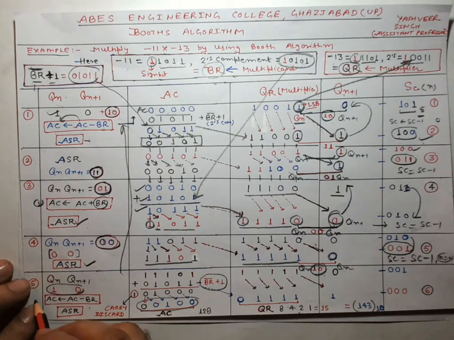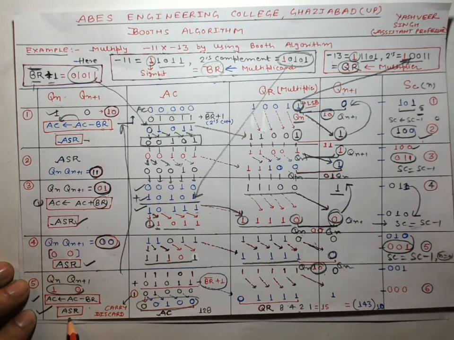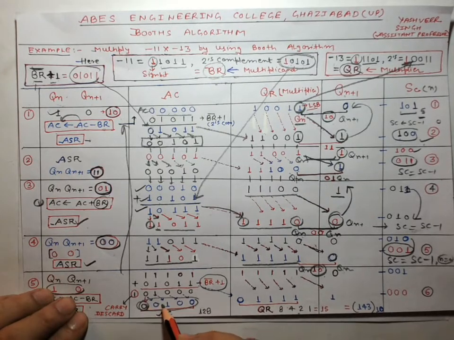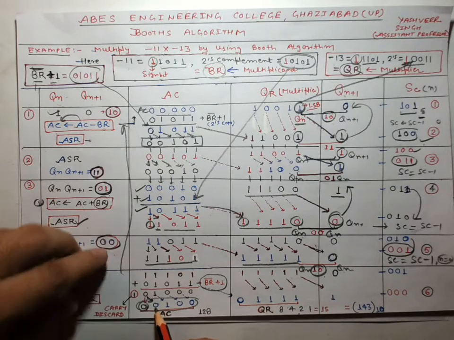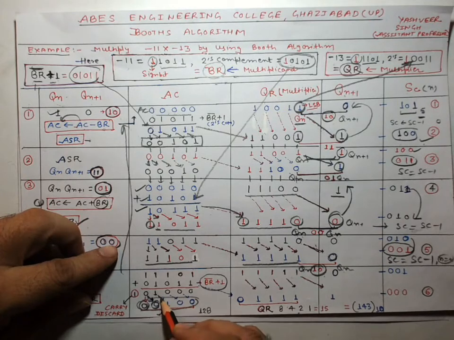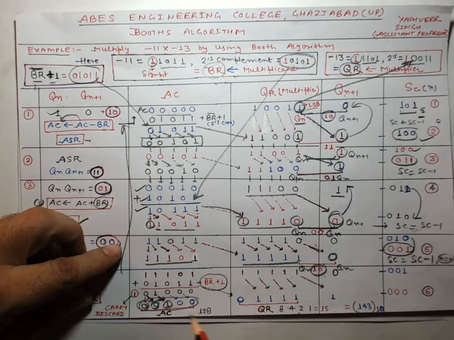And after that, in this step, we have to follow arithmetic shift right, and arithmetic shift right means first the MSB is copied as it is, and the other bits are shifted, 0 is shifted to this place, and 1 bit is shifted to this place, okay.